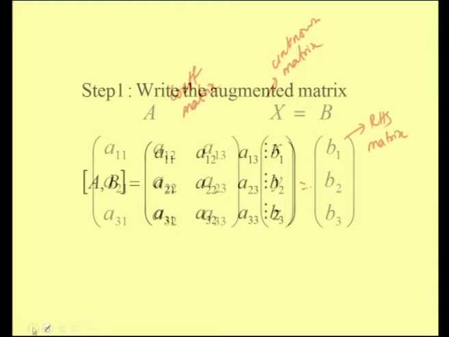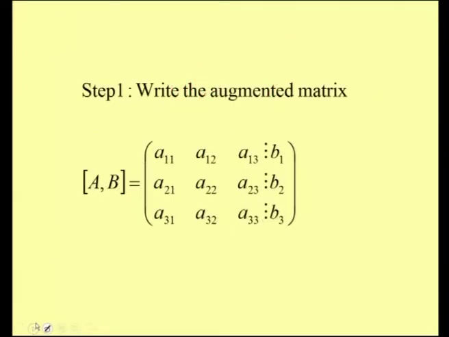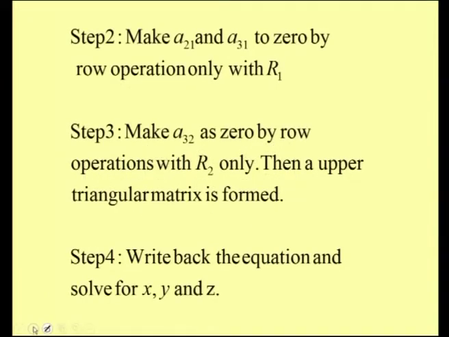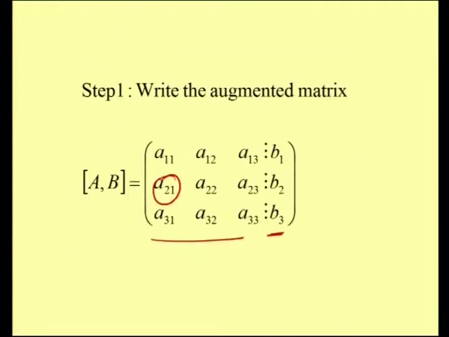Then the first step is to write the two matrices together, that is the coefficient matrix and right hand side matrix written together, called the augmented matrix A comma B. Make A21 and A31 zero by row operations with R1 only.